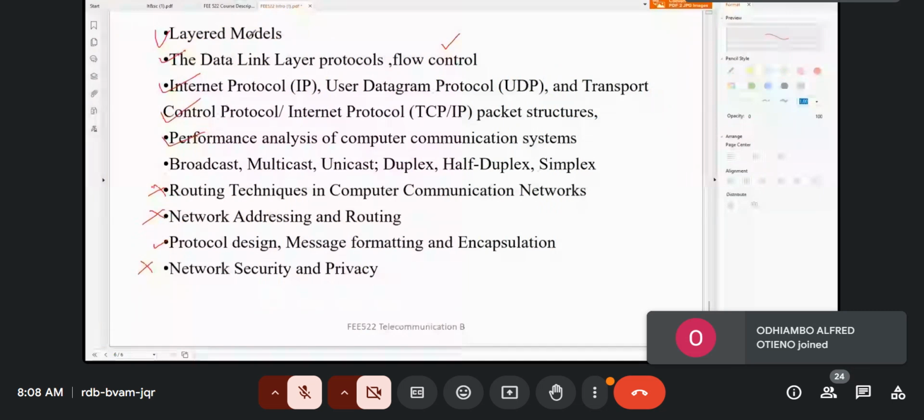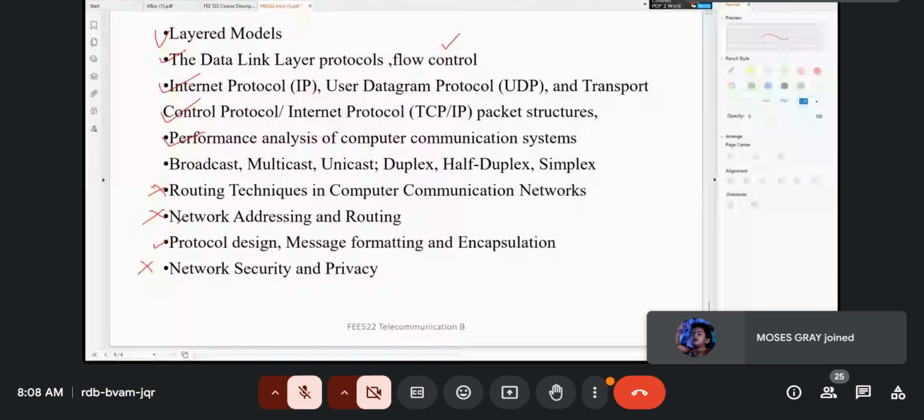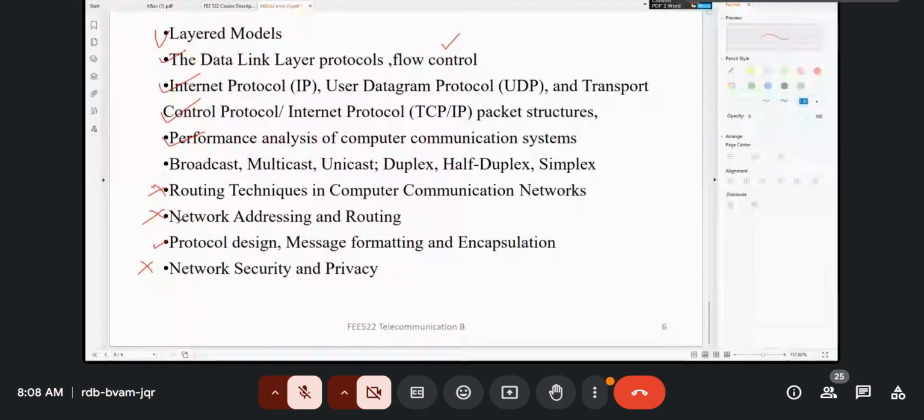That is the OSI model by ISO, and the internet model, which we also call the TCP/IP model, which is the model on which almost all our communication systems are based on.